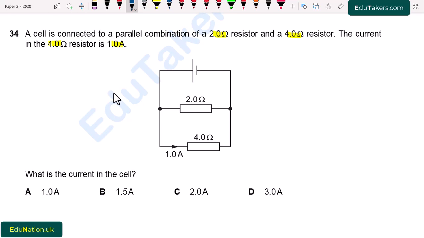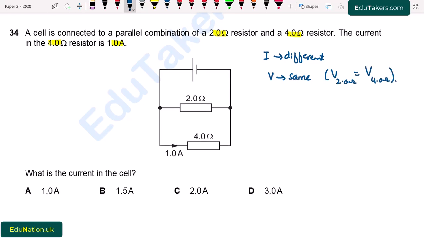So first of all, I write here current is different while the potential difference is same. It means that potential difference of 2.0 ohm resistance will be equal to potential difference of 4.0 ohm resistance. And also it is given that the current passing through 4.0 ohm resistor is 1.0 ampere.